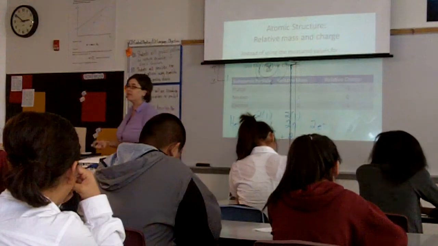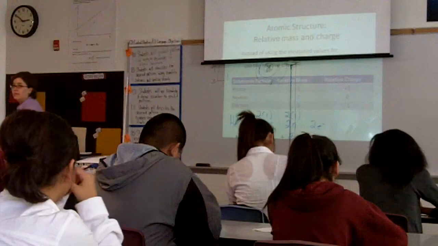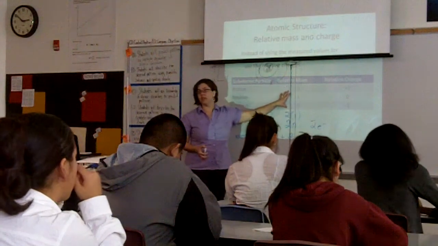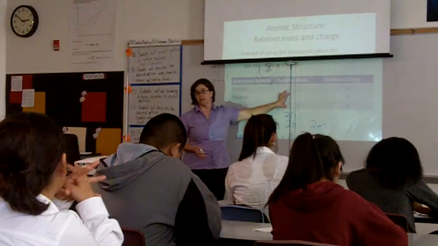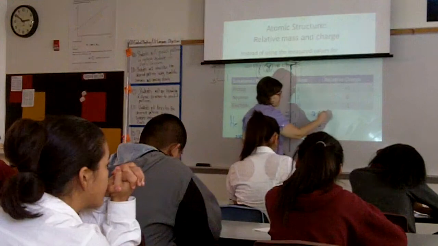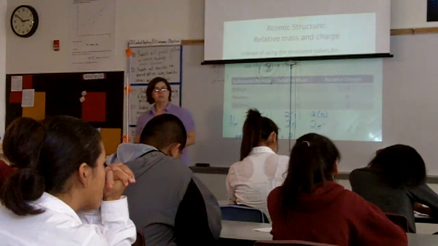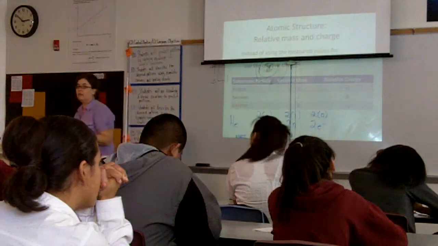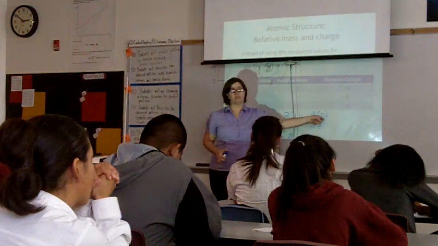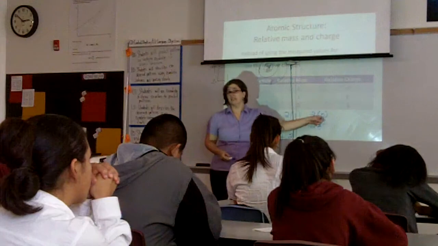How much mass do the electrons really add to this atom? According to our chart, the numbers that we're going to use, each one has a mass of 0. So how much are they adding in all? 2 times 0 is 0.